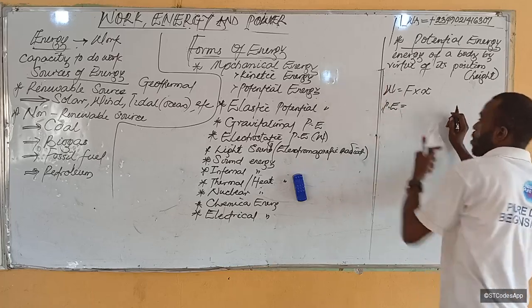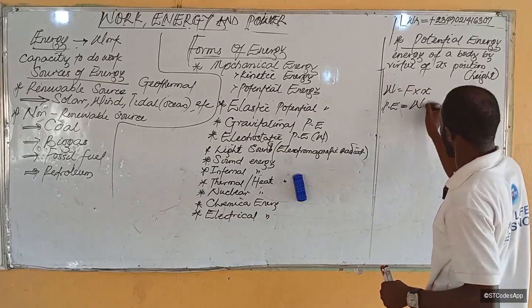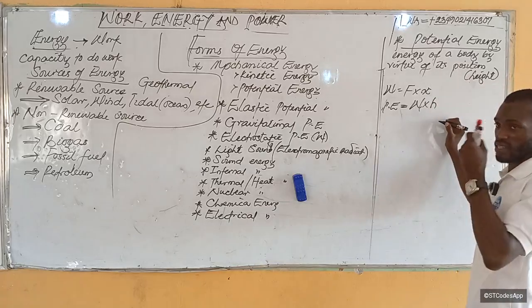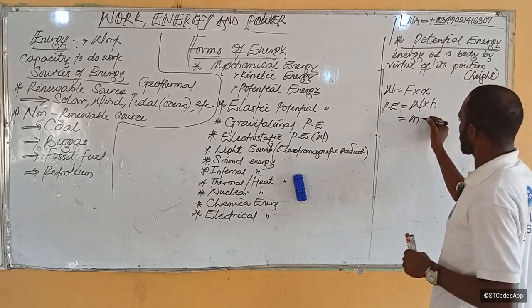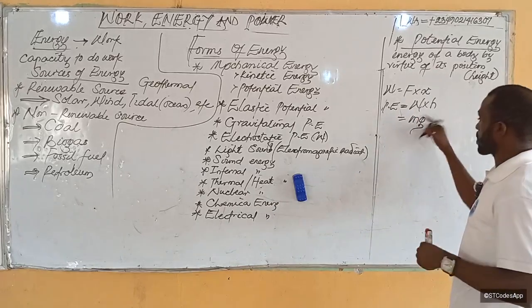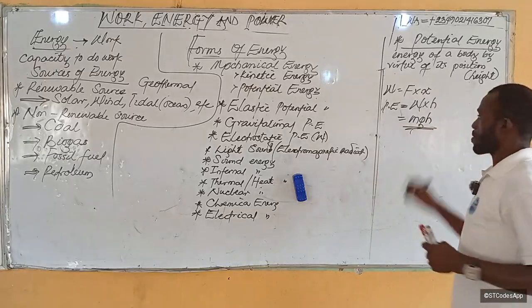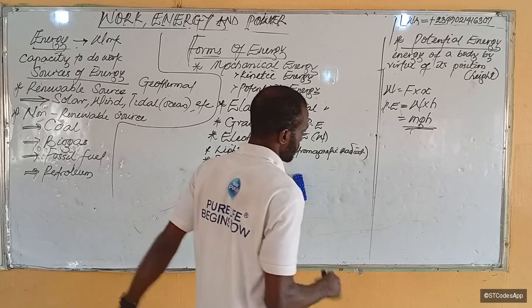So the force here is going to be the weight of the object itself, and the distance here is going to be the height above the ground. Is that clear? So work done, weight rather, is equal to mg, mass and acceleration due to gravity, remember, 10, times h. So this is the formula for potential energy.